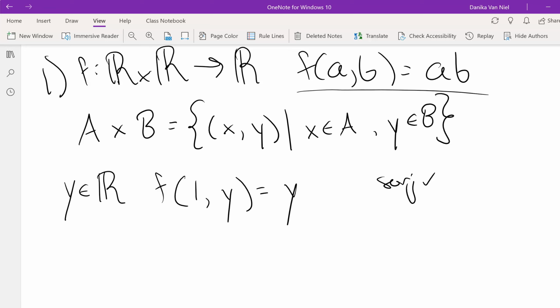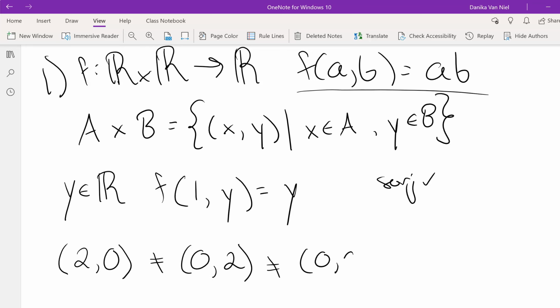But how about injective? Well, (2, 0) is not equal to (0, 2). Or you could think about (1, y) and (y, 1). Those both give the same thing. But f of (2, 0) does equal f of (0, 2).